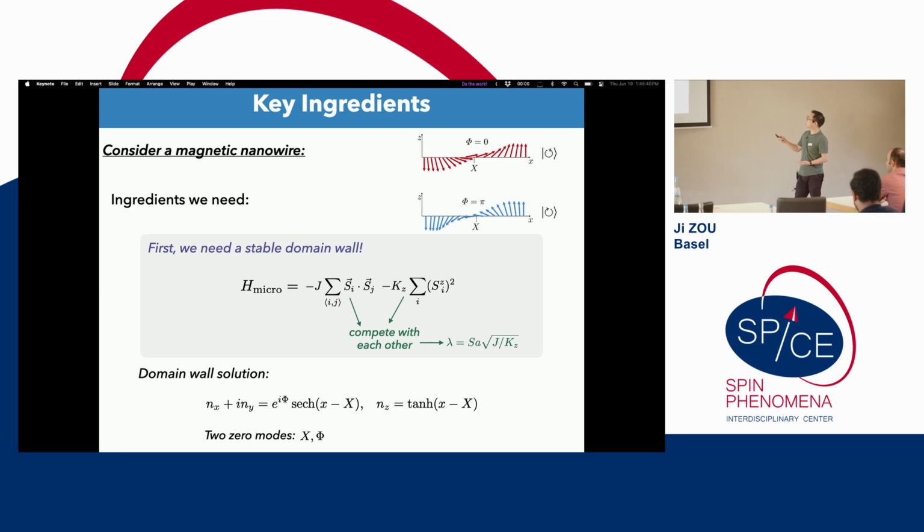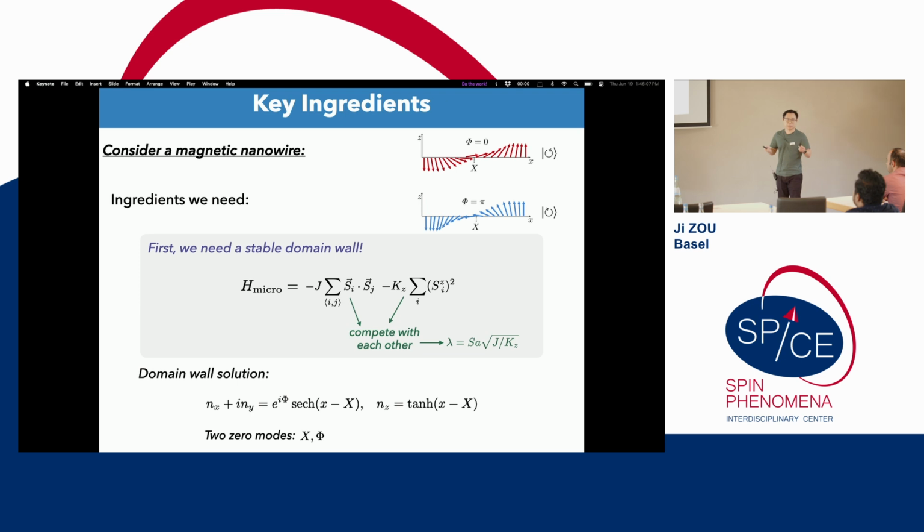Then if we have this down-up boundary condition, naturally the solution gives us a domain wall profile. And here I wrote it down. I'm pretty sure you learned this in your classical mechanics class already. The size of this domain wall is simply determined by the competition of these two terms, which is typically on the order of several nanometers.